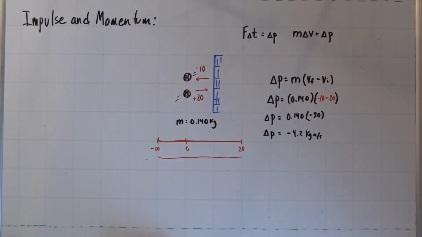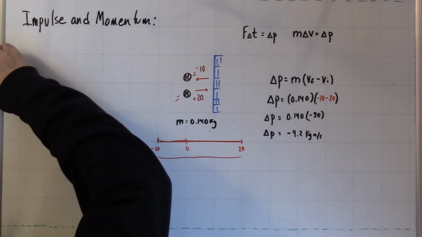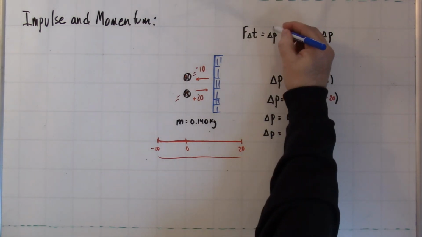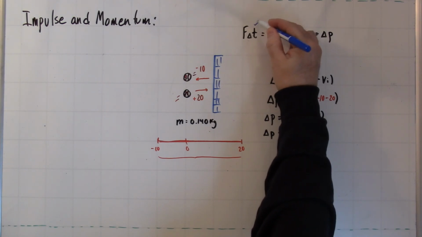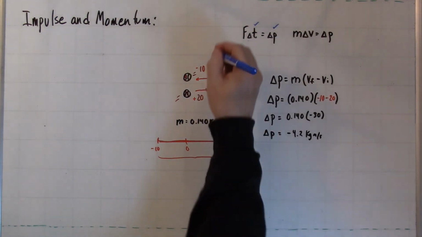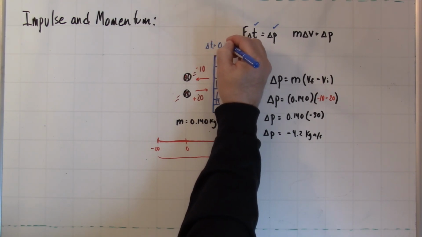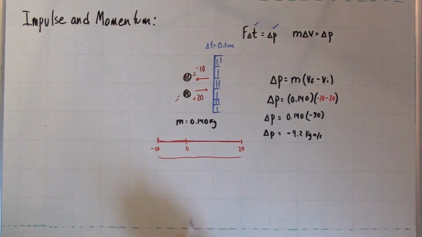That's cool. If we're going to figure out how much force, we're going to need to know the time, because we have the change in momentum. We're going to need the time, and then we can find the force. So let's say it's in contact with the wall for 0.1 seconds. It's a tenth of a second.